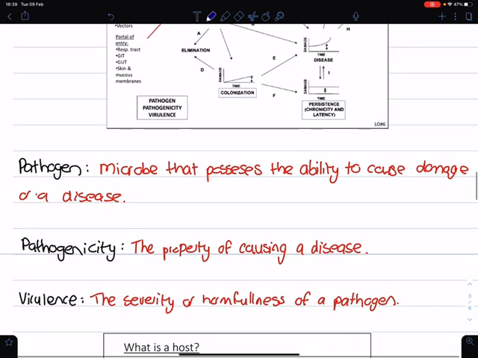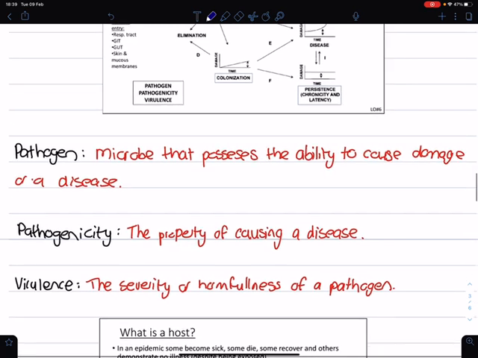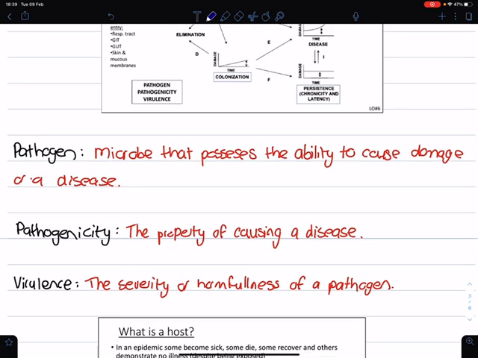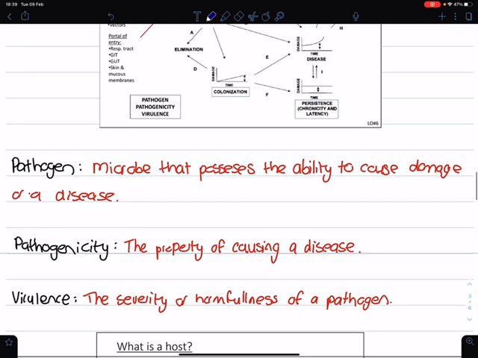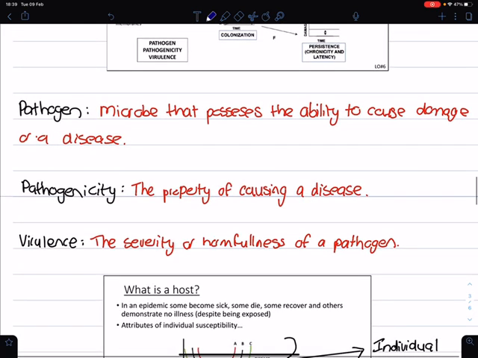So it's how bad of an infection the microbe can cause. And pathogenicity is just the property of causing a disease. So some microbes have the capacity to cause a disease, and therefore it's their pathogenicity.